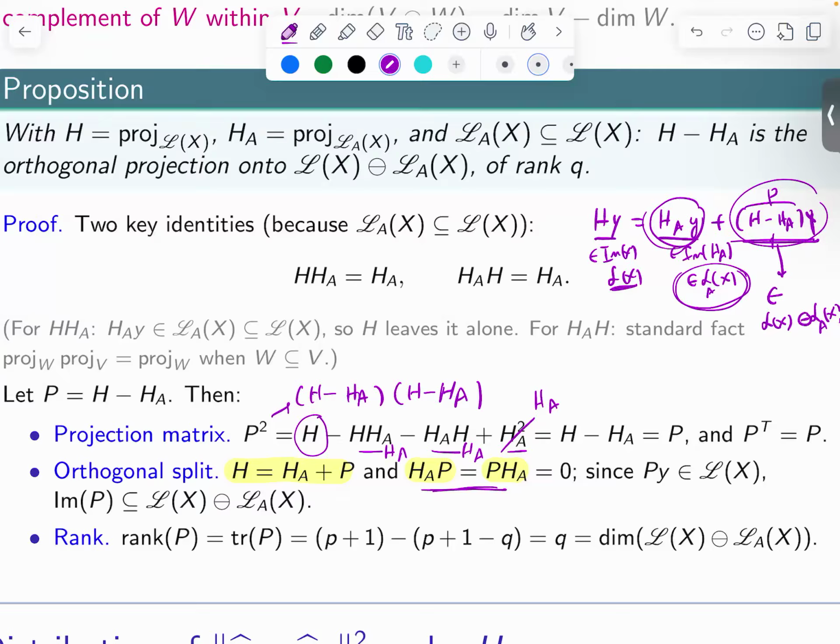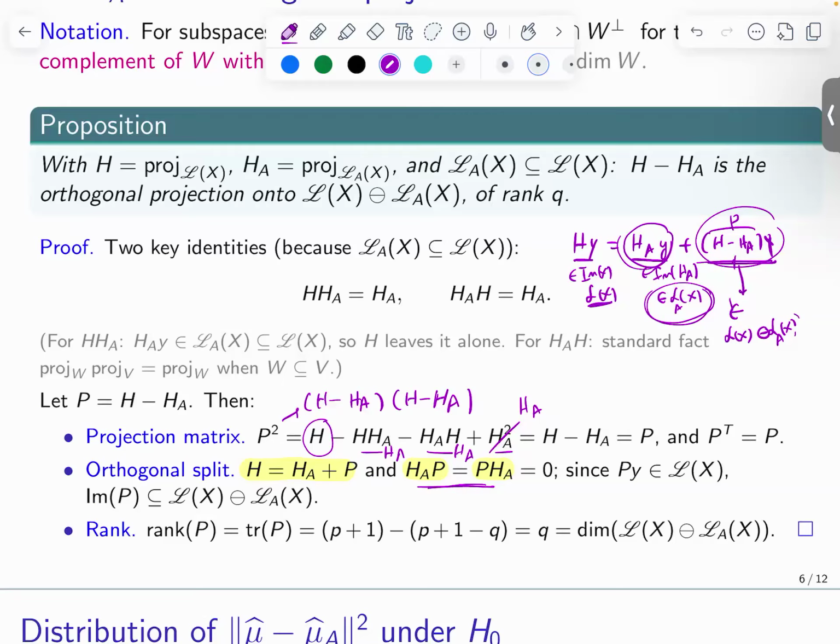This one is not easy, it's just because both HY and HAY are in LX. So the difference is also in LX. So they are in LX, but orthogonal to the first component, which is any vector in LX.